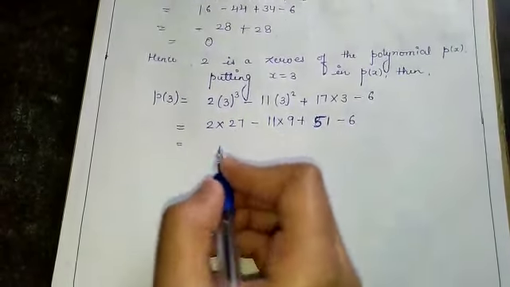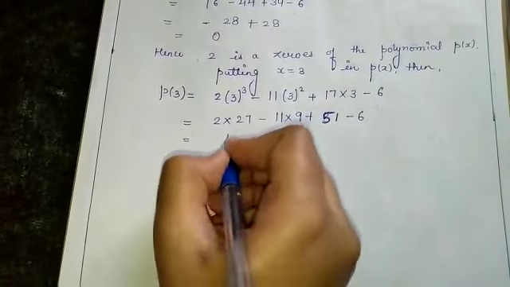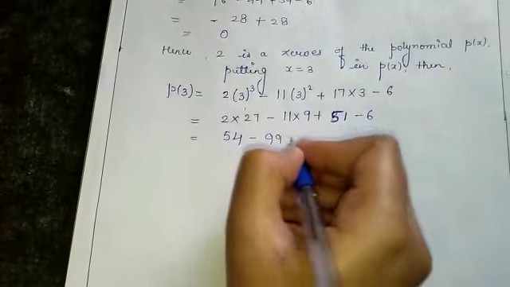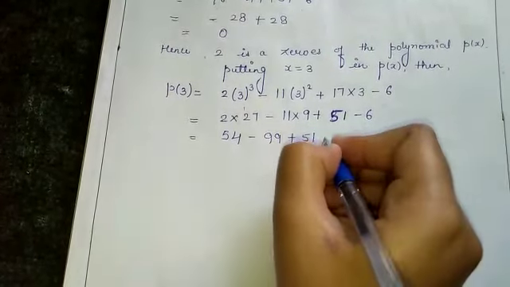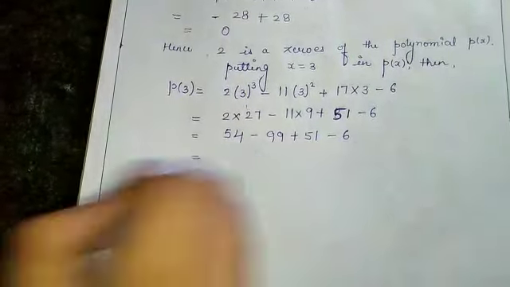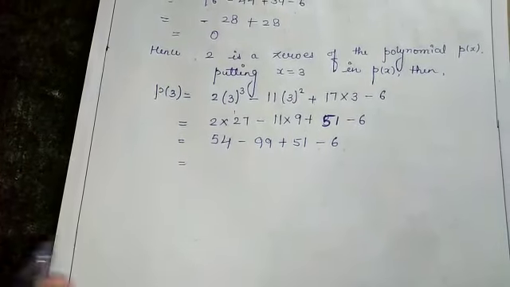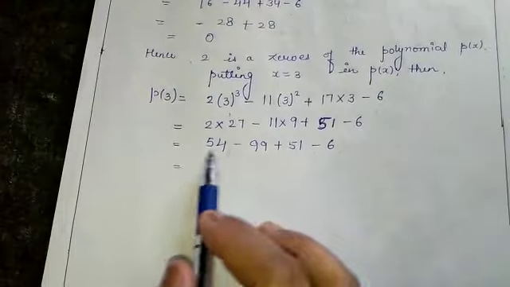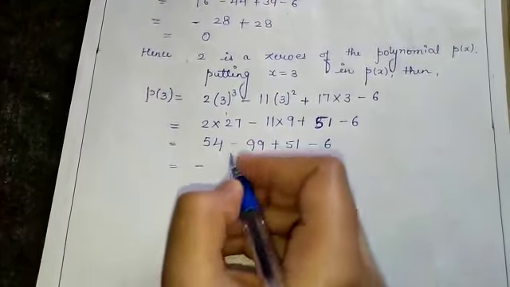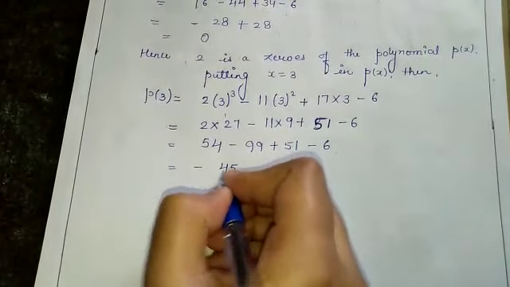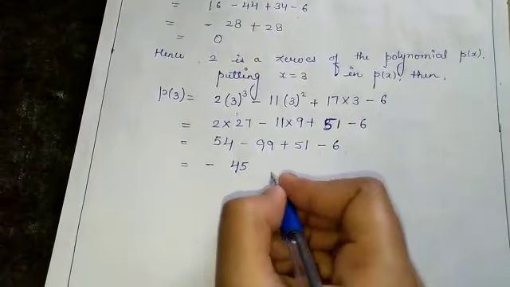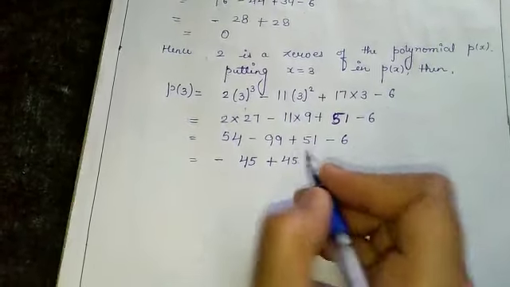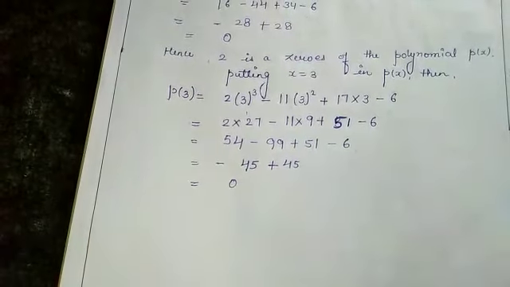Multiplying 27 with 2 we get 54, minus 99 plus 51 minus 6. Okay. Subtract 99 and 54, we get minus 45, and plus 51 minus 6 gives plus 45. So this is the value 0.